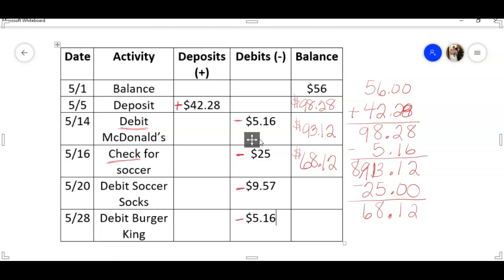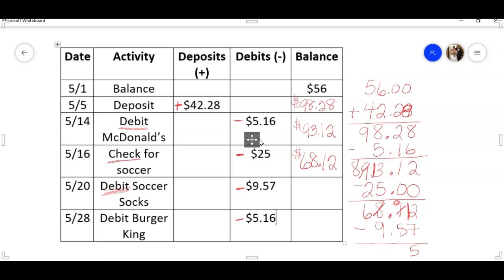And next, here's another debit. So he's using his debit card, and he needs to buy some soccer socks. Those soccer socks cost $9.57. So we're going to take away $9.57. I can't do 2 minus 7, so I take this dime and I trade it for 10 pennies. 12 minus 7 is 5. Oh, now I have no dimes, but I need to take away 5 pennies.